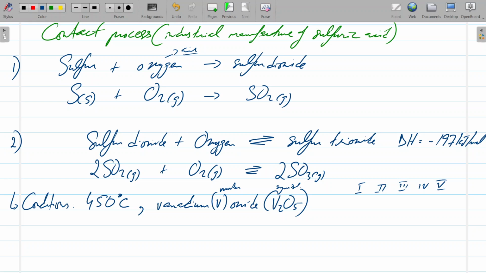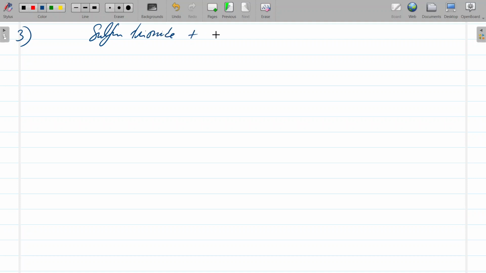Then finally, you react sulfur trioxide with water to get sulfuric acid. So that's step 3. Sulfur trioxide plus water gives you sulfuric acid, and this is not a reversible reaction.